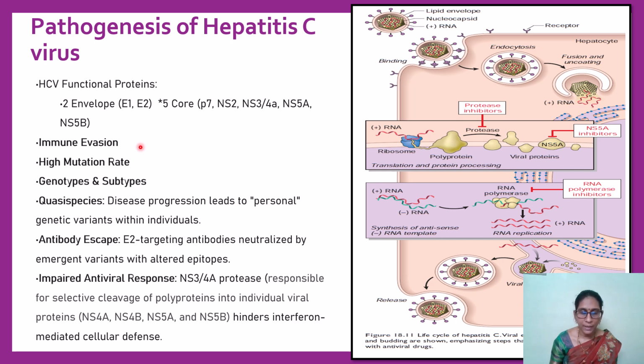It has 7 genotypes and numerous subtypes, and this organism is capable of producing a dynamic population of closely related but not identical viral genomes that exist within a single host or population, which is called quasi-species. And it is capable of evading the antibody attack, that is the E2 targeting antibodies would be neutralized by altering its epitopes, and it shows an impaired antiviral response because of the cleaved viral proteins which are synthesized.